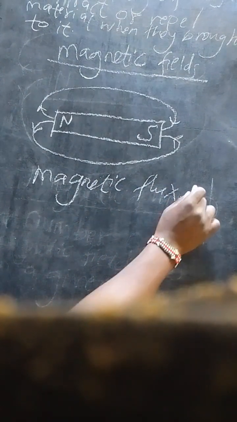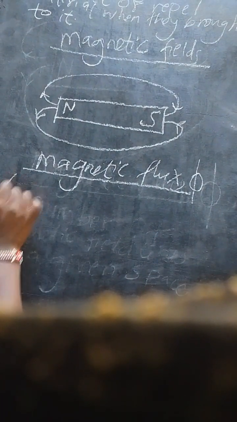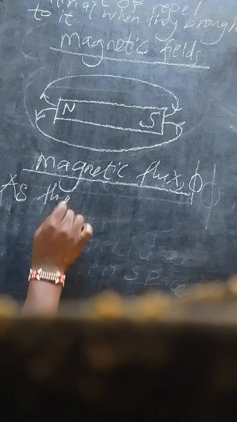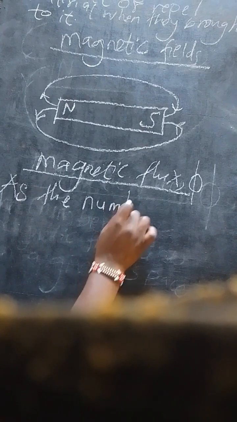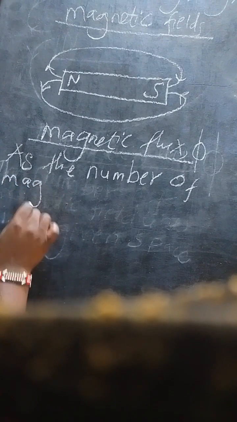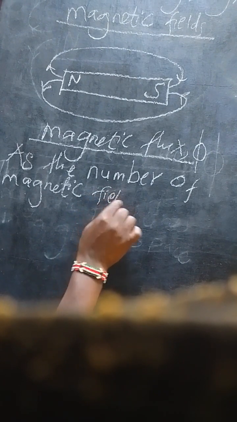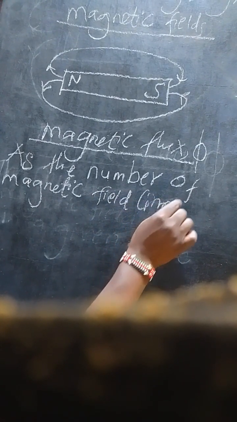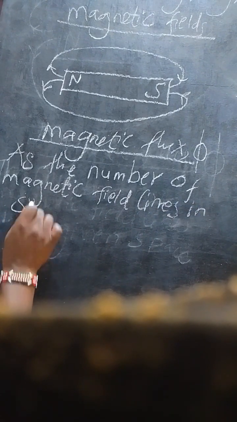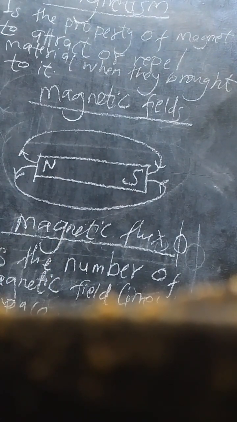We normally use the symbol phi to denote magnetic flux, and I'm going to define magnetic flux as the number of magnetic field lines in space. Assume this magnet has a particular number of magnetic lines it is producing, and that number is what we are calling magnetic flux.